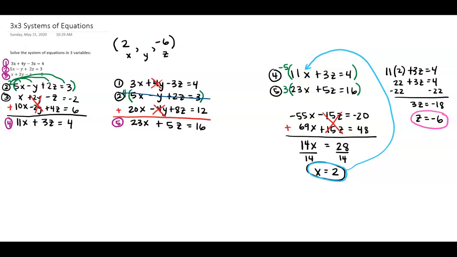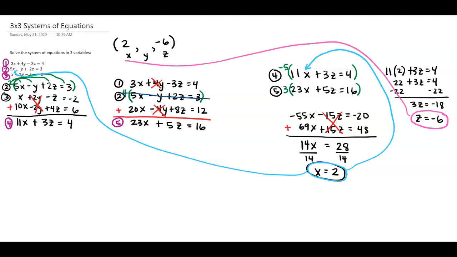So maybe I'll just choose, it doesn't matter whether I use 1, 2, or 3, I'll go ahead and use equation 2 on this. So I'm going to take my x equals 2 and put that in place of my x here, and I'll take my z equals -6, and I'll put that in place of z here.